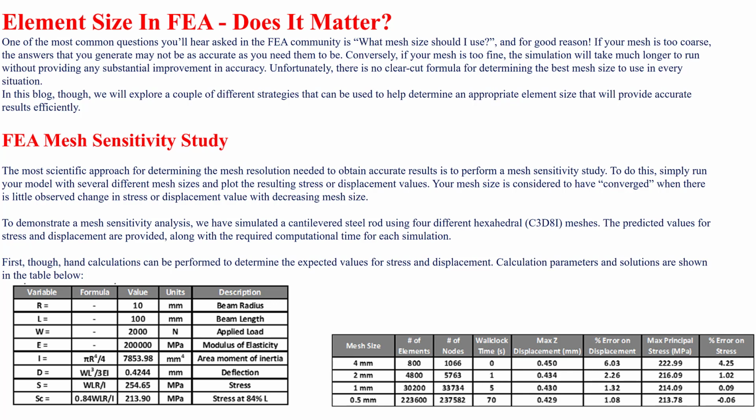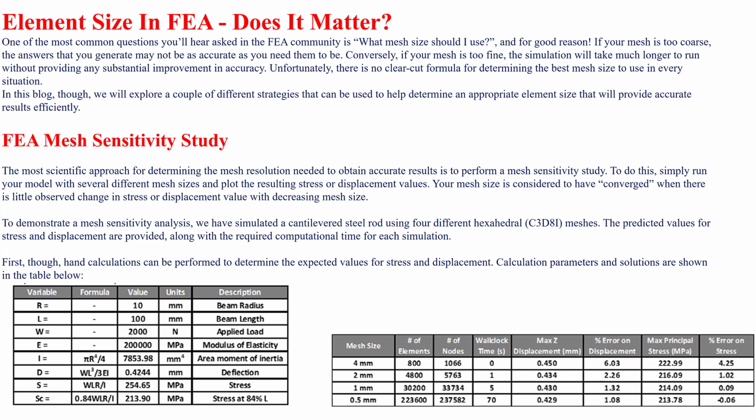But when it comes to results accuracy, there is no exact clear-cut formula to determine the best mesh for every simulation. To answer this, we run multiple analyses to check the results accuracy, that is mesh sensitivity, we can say.